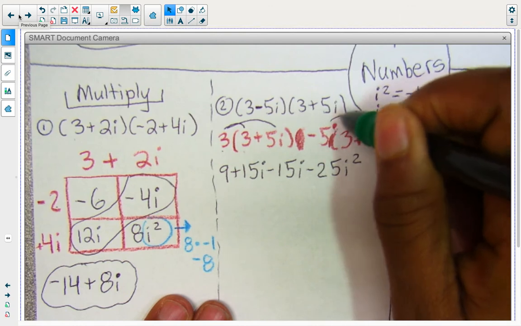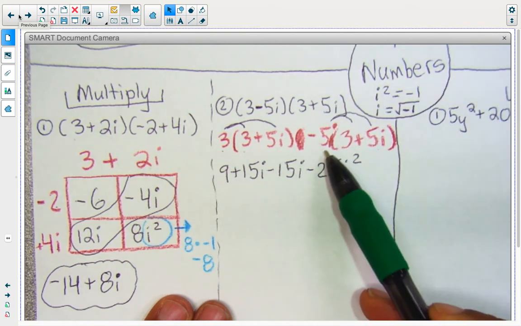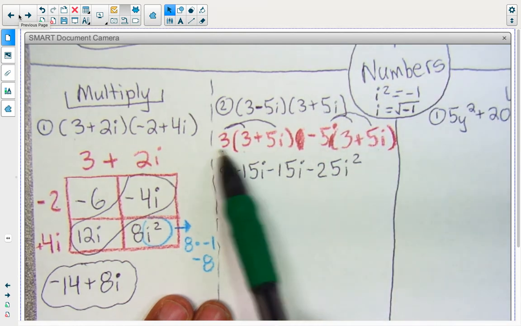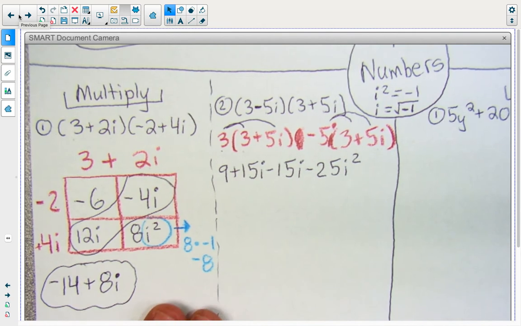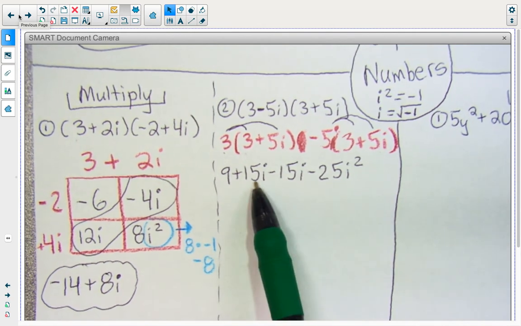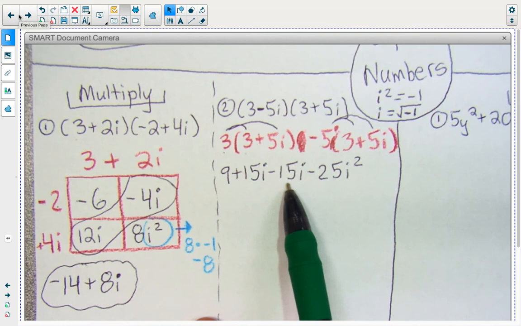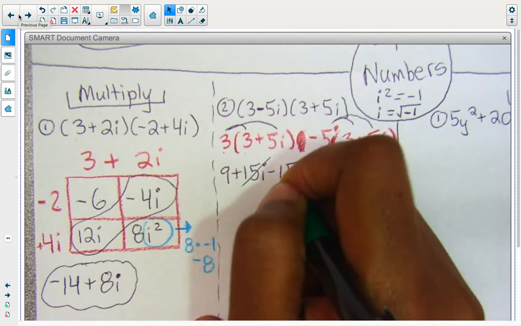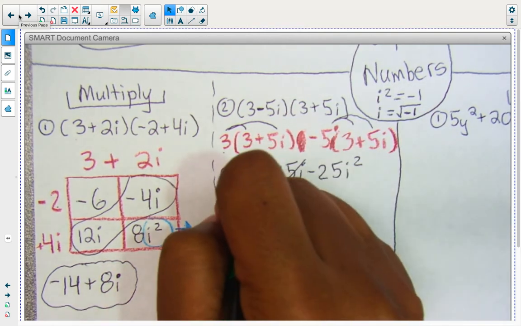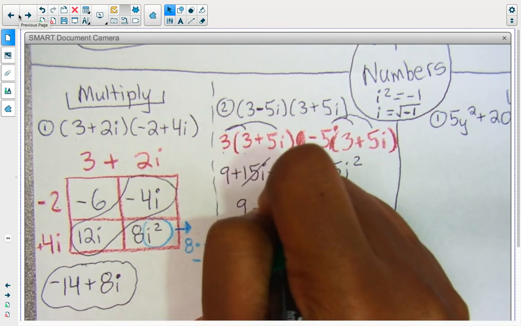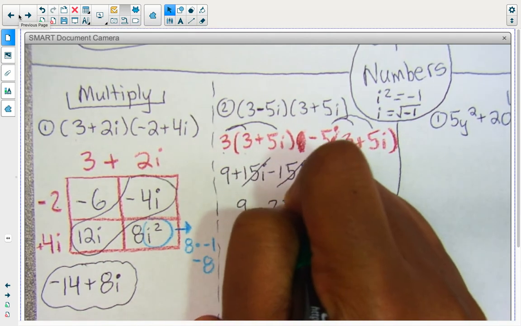Now we need to combine like terms. 15i minus 15i cancels out, so let's cross it out. Now I have 9 minus 25i squared.